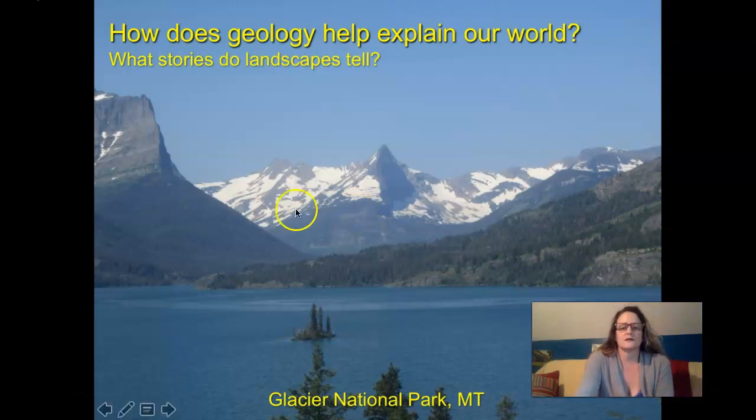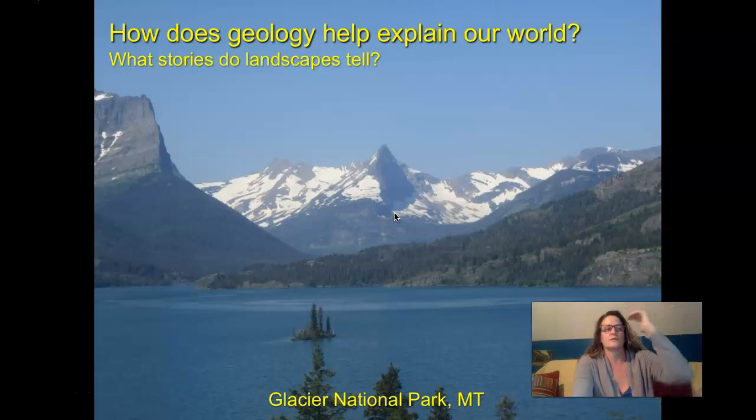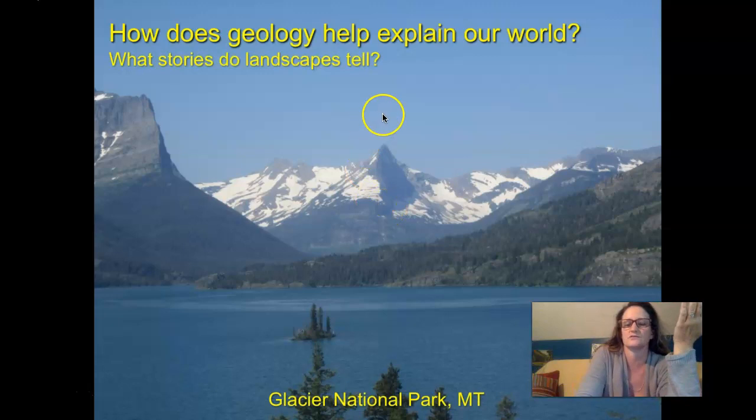So this is a typical landscape in an area that's been glaciated in the past. So it's Glacier National Park. Part of that is because there are glaciers there, and part of it is because there's a rich glacial history. So this is a U-shaped valley right here up to a peak, and then another U-shaped valley.